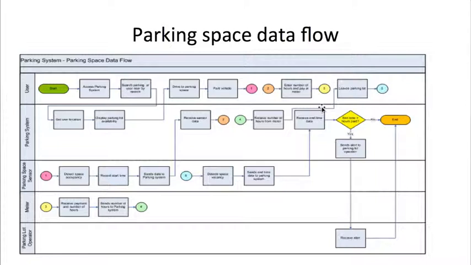Then when the user leaves the parking lot, the sensor would again detect the space vacancy and send the end time and the status of vacant to the parking system. The parking system then updates the space vacancy in the database and sends that information to the parking lot operator. Now the operator would have two pieces of information, the hours of occupied time and the hours of vacant time.